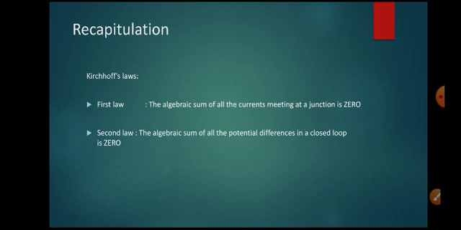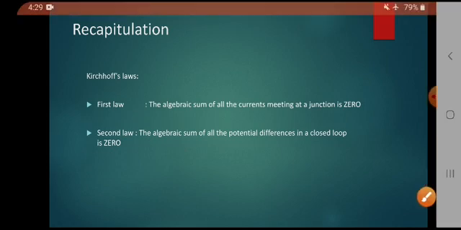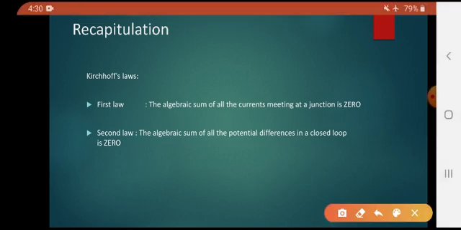So let's recall the Kirchhoff laws. Kirchhoff's two laws are there. One is the first law, known as the current law or junction law, and the second law is the voltage law or loop law. The first law of Kirchhoff is the algebraic sum of currents meeting at any junction equals 0.